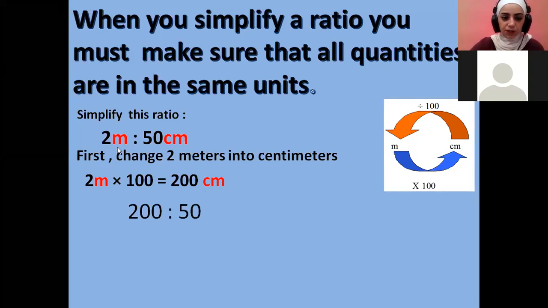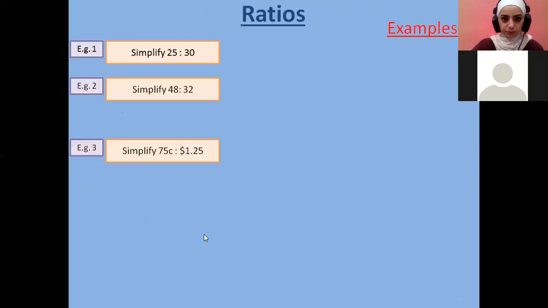Instead of 2 meters, we write 200. And the 50 is already 50, so both parts are now in centimeters. You can simplify it. You can cross the common 0, by the way, and 20 to 5 will be left. And you divide by 4, or you can divide by 50 directly. So you get 4 to 1.